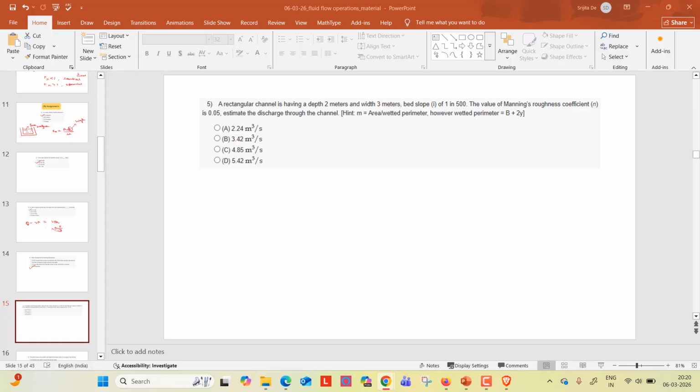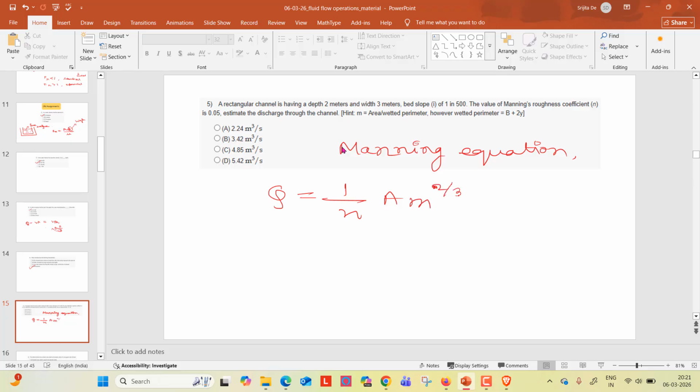So now you can first calculate the area. So Manning equation, if you remember, it is Q equals 1 by N A M to the power 2 by 3 and I to the power half, right?